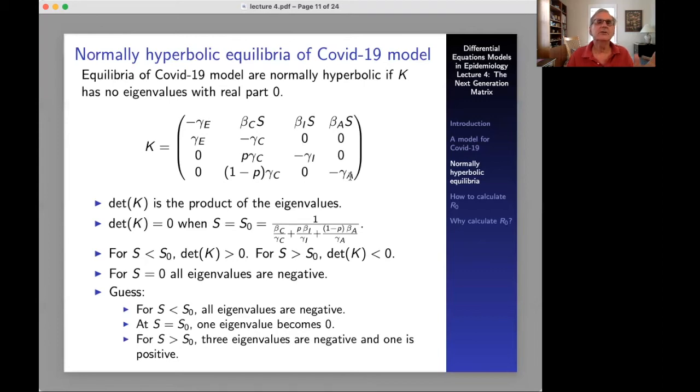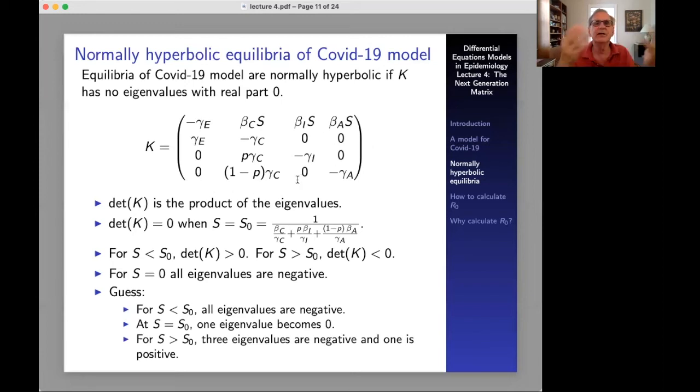So at S equals 0, the eigenvalues are all negative, the determinant is positive. Now, as I increase S, the eigenvalues can change. One of them can become 0 when the determinant becomes 0, because the determinant is the product of the eigenvalues. So let's just look at the determinant of this matrix. That's a lot easier to figure out than all the eigenvalues.